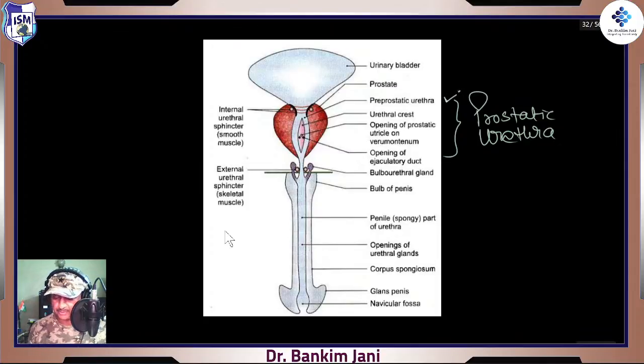So there is pre-prostatic urethra, prostatic urethra, and the penile part, right? Over here, that is the internal urethral sphincter. This is the external urethral sphincter, right? These are the bulbourethral glands, which pour their secretion into the urethra, and then these are all urethral glands, and finally the penis parts, right?